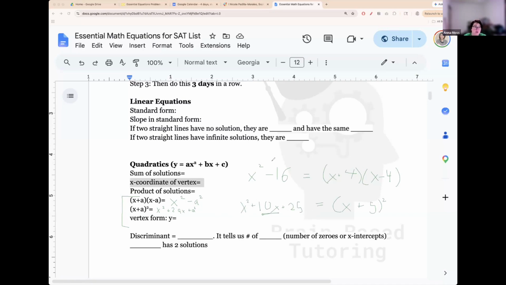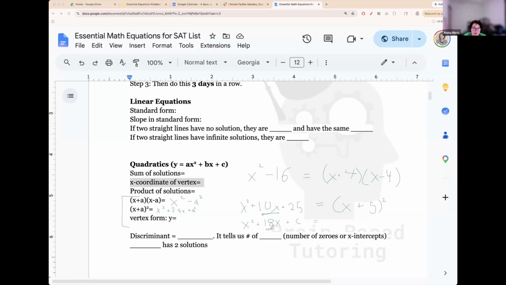And with completing the square, that also lets us do things like this. If we have x squared plus 18x, and maybe we don't have anything else, or we have just plus c or something. I don't need to worry about this because I know that 2 times a gives us this.